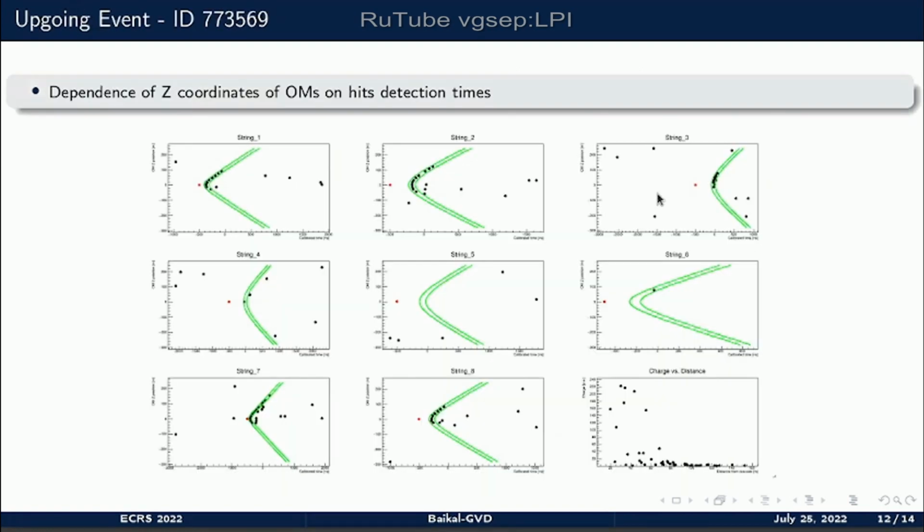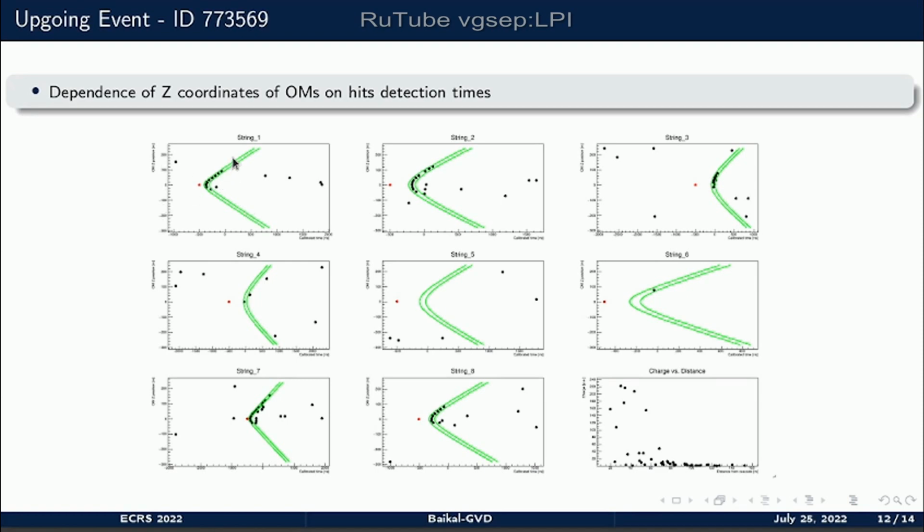Okay, and also we plot the dependence of the Z coordinate of hit optical modules on the hit detection times, where again the black dots correspond to the experimentally detected hits for this upgoing event, and the green band corresponds to the expected time where the hit should occur on a given optical module.